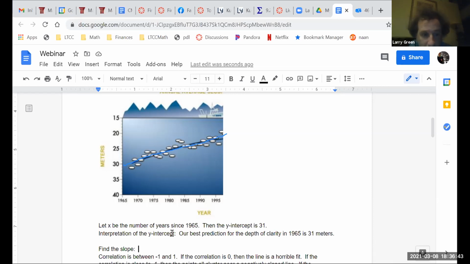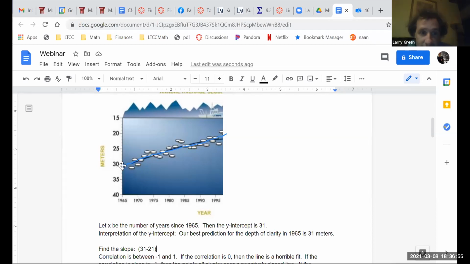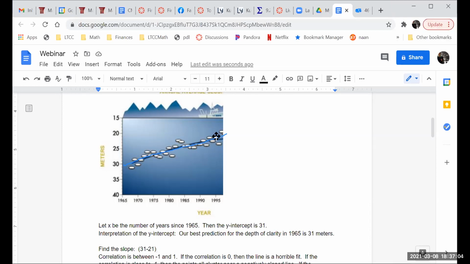So the rise is going to be 31 minus 21. That's the rise. You subtract. Okay, so 31 is the y coordinate of this first point, and 21 is the y coordinate of this last point. And I'm eyeballing it. Is it perfect? No, but I'm eyeballing it.